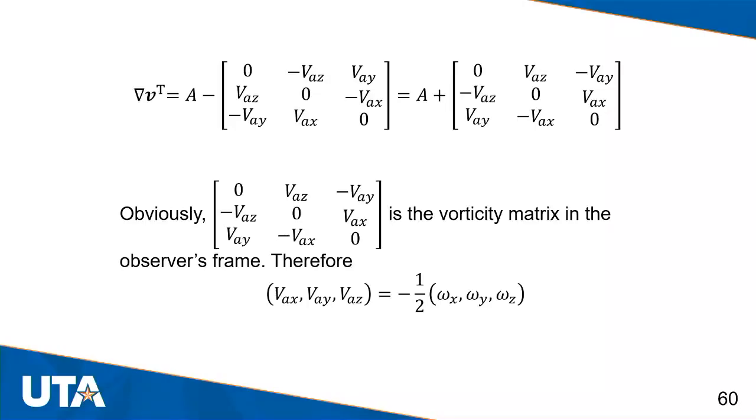So this is a symmetrical matrix plus an anti-symmetrical matrix, and the anti-symmetrical matrix is the vorticity matrix of this velocity gradient tensor. So this term is negative 1/2 omega z, right? We got this relation. So yeah, we prove this theorem.